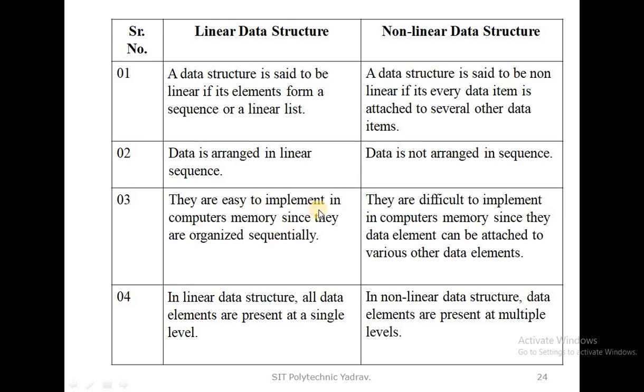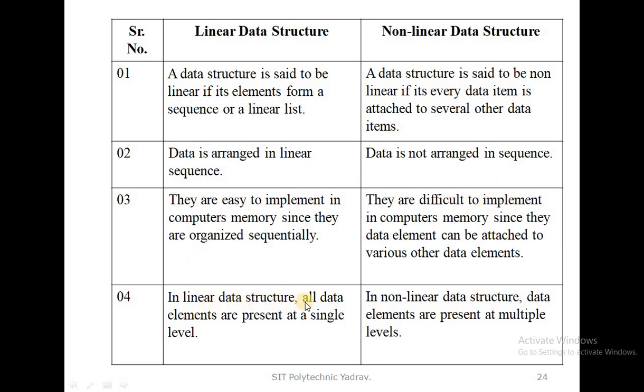Linear structures are easy to implement in a computer's memory since they are organized sequentially. Non-linear structures are difficult to implement in a computer's memory since the data elements can be attached to various other data elements. Because in linear, data is arranged sequentially, it is easy to implement, and non-linear is difficult to implement.